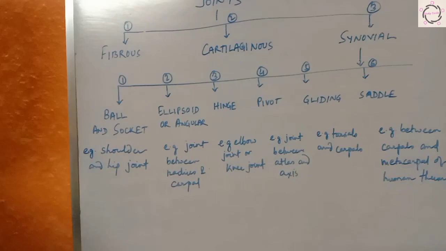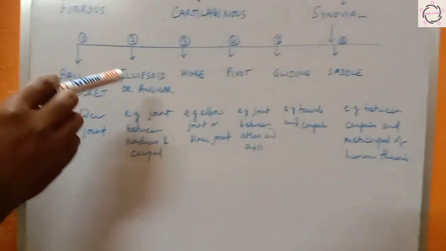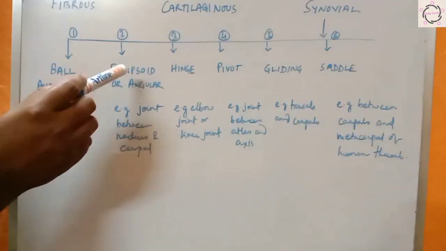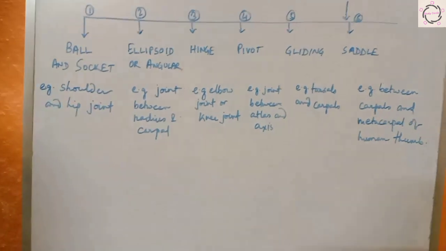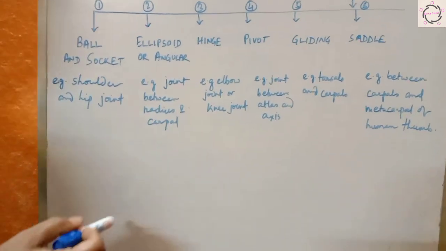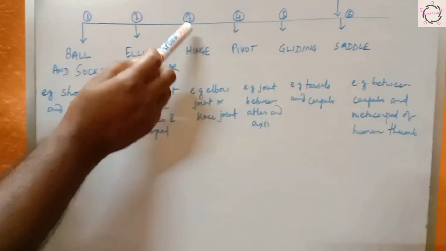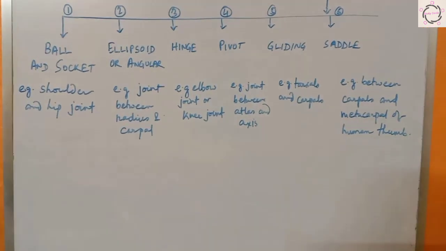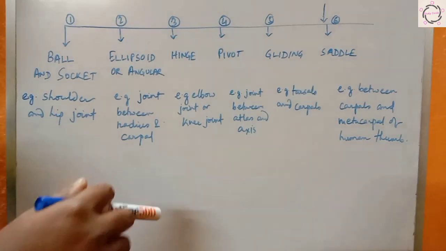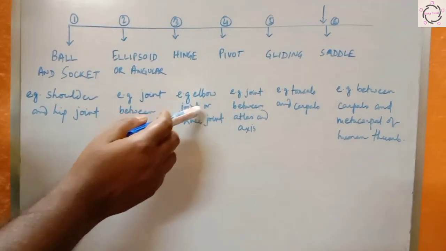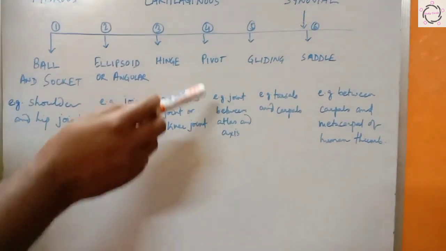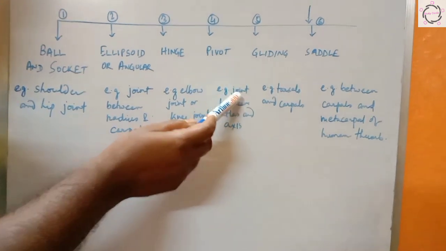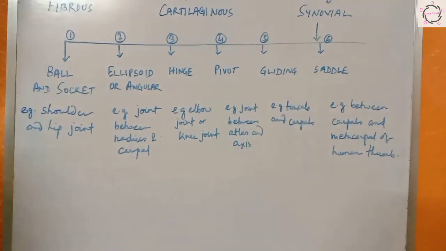Those in junior classes know these, and those in senior classes will certainly know them. Number 2 is ellipsoid or angular, for example the joint between radius and carpal. Number 3 is hinge joint, which allows movement in one direction, for example the elbow joint or knee joint. Next is pivot joint, for example the joint between atlas and axis.